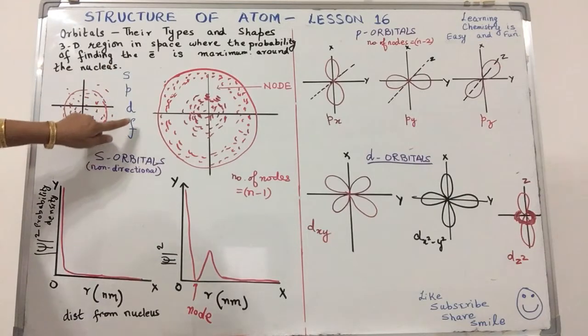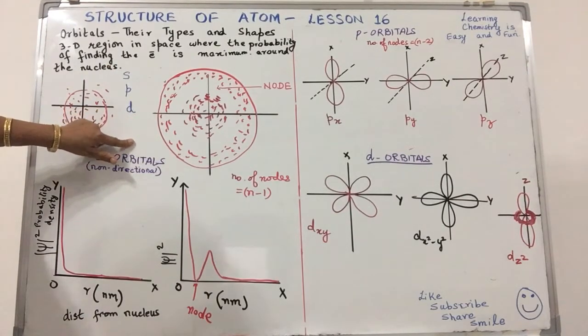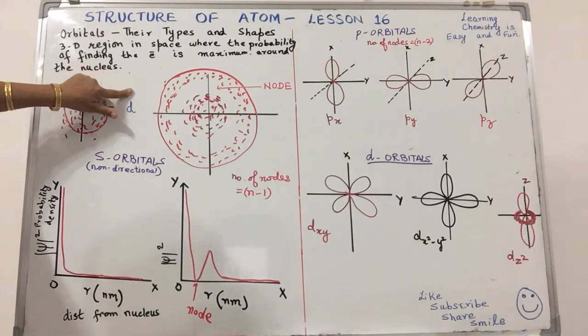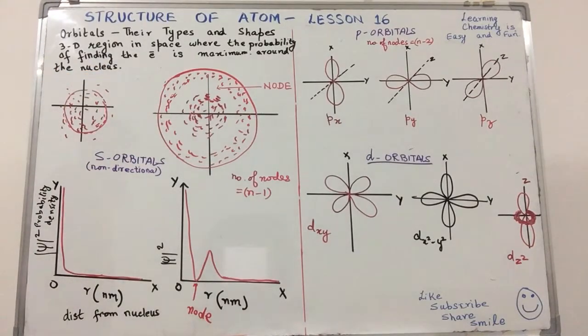At this level, and in fact at higher levels also, we usually limit ourselves to the S, P and D orbitals, because the F orbitals assume a very complex shape, which is not required at the level of study that we are dealing with at present.